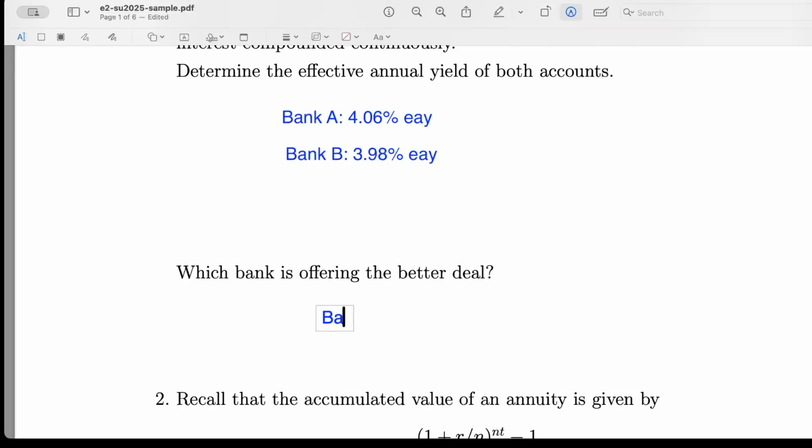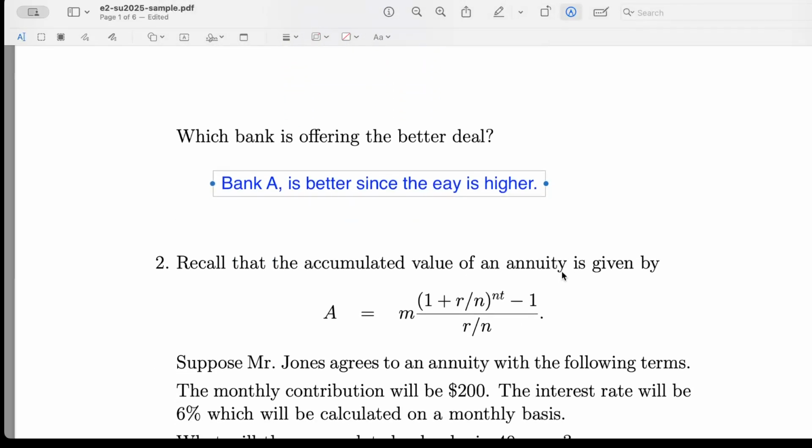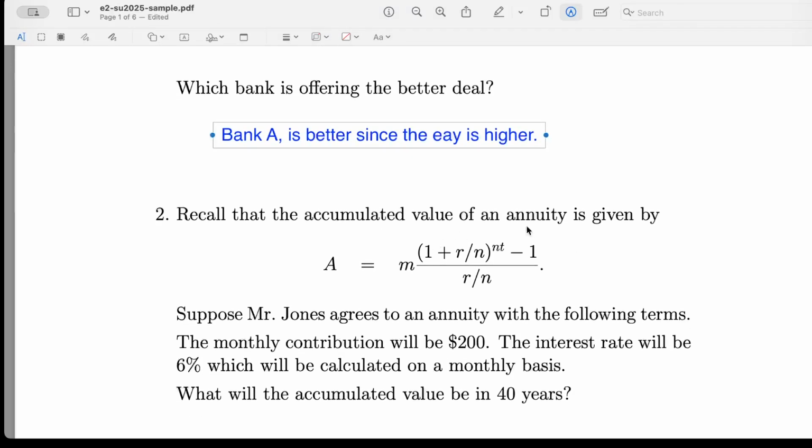If you want to put in a little explanation, Bank A is better since the effective annual yield is higher. Something like that would be great. You don't need to do that, I'm being a try hard here. You just need to say Bank A.